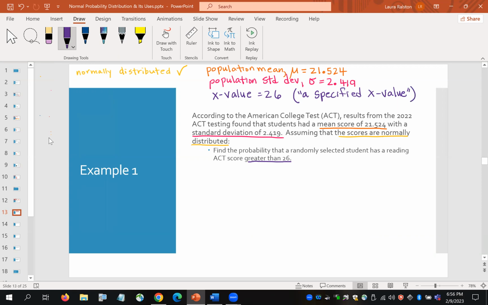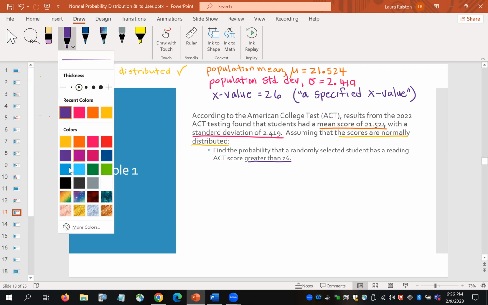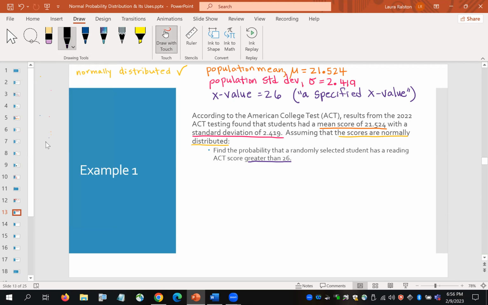Now, let's think about what this would look like if I were drawing a picture of this problem. What would it look like? I know that I have a normal distribution, so I have my horizontal number line. I have my bell-shaped curve, and we label it with the mean in the middle, and the mean is 21.524.